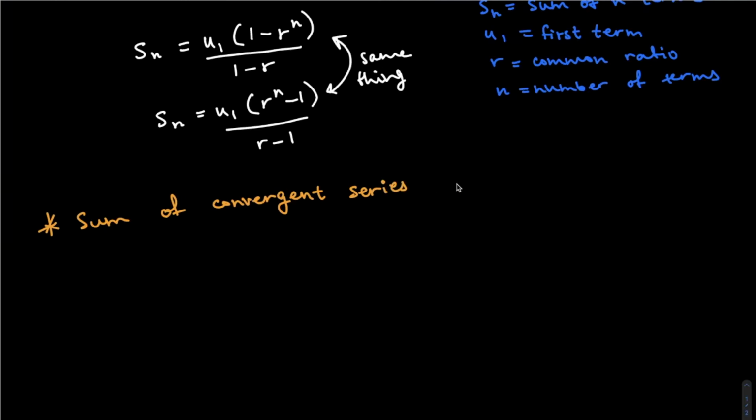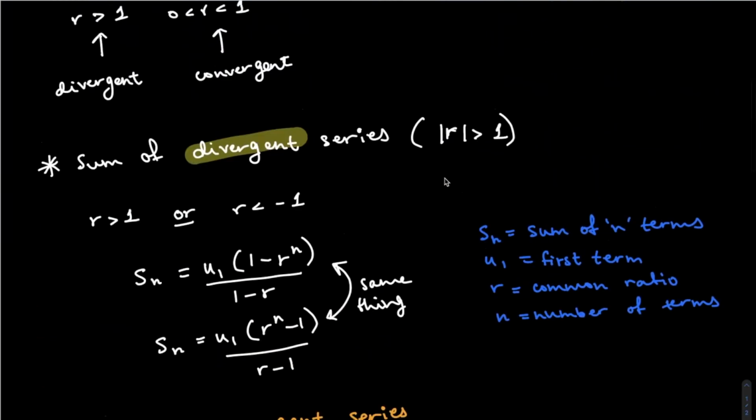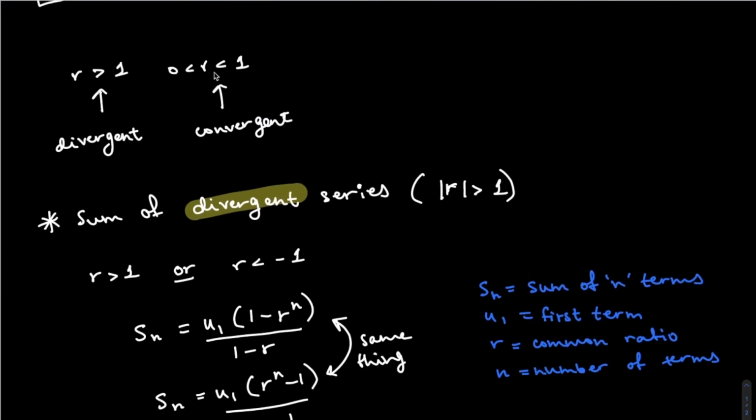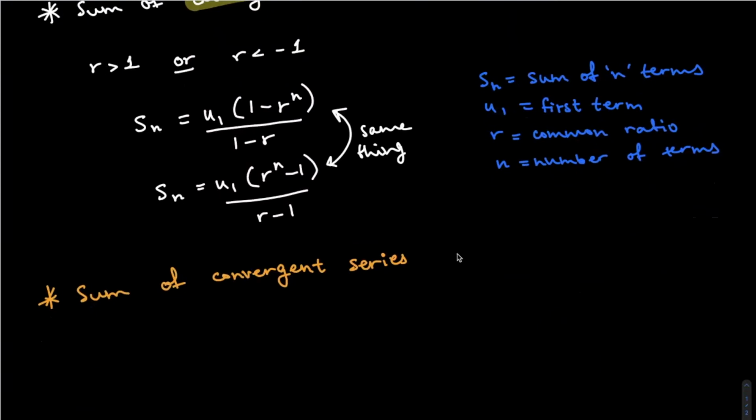So here, like I said previously, we had common ratios between 0 and 1. But here I'm going to write that the modulus of the common ratio is less than 1. When I say the modulus of r is less than 1, what I actually mean is the common ratio is between minus 1 and 1, right? This is what it means.